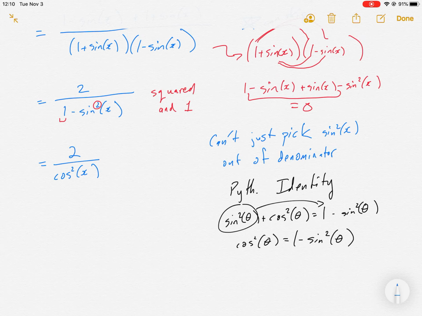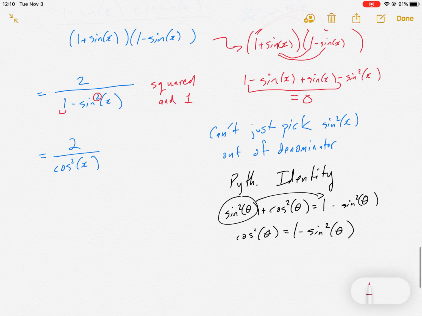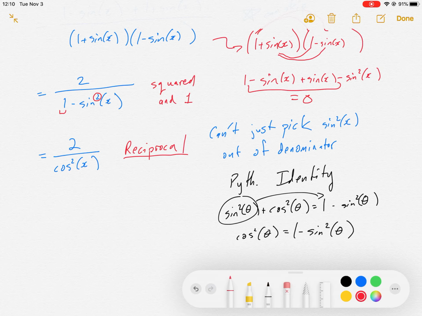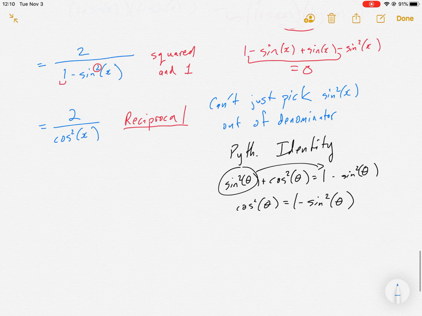Now notice all we have in the denominator is cosine squared. So I can now take the reciprocal of it. I don't think reciprocate is a word in this case, in math. So I could move the cosine squared up by using its reciprocal function, which is secant squared of x.